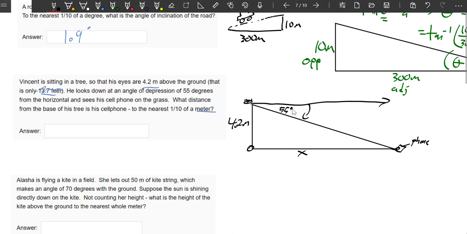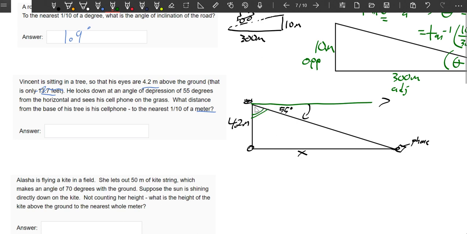So if this is 55 degrees, then we know what the other angle here must be. If this is 55 degrees, these two need to add up to 90. Didn't mean to get rid of that line there. These two need to add up to 90.